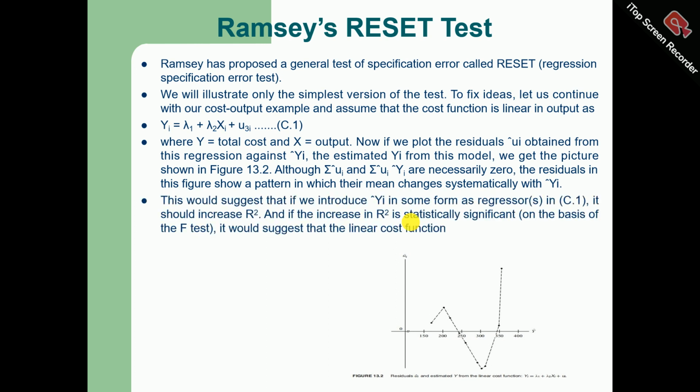This would suggest that if we introduce y_i hat in some form as a regressor in the above equation C1, it would increase R square, and if the R square increases statistically on the basis of the F test, it would suggest that the linear cost function was misspecified. This is essentially the idea of Ramsey's RESET test.